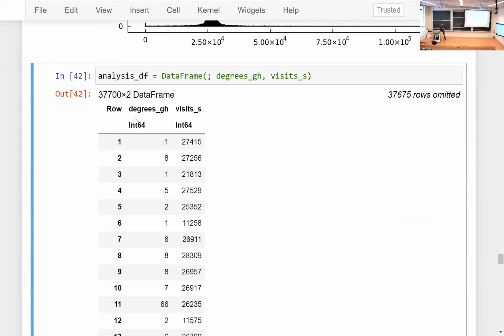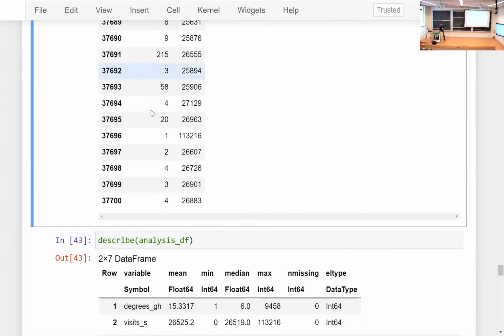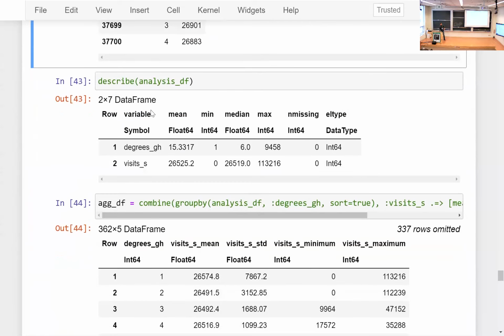So now I create a data frame with those nodes. I put in the degrees of nodes and the number of times I have visited a node. And first of all, I aggregate it.